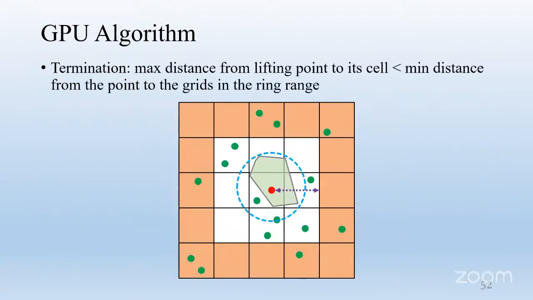So the termination condition of each cell generation is that the maximum distance from the red point to its cell, see the blue circle in this figure, is smaller than the minimum distance from the red point to the grids in the ring range. That is the purple dotted segment here. Because the points in the further grids will not affect the cell anymore. This figure is an illustration of the termination condition.